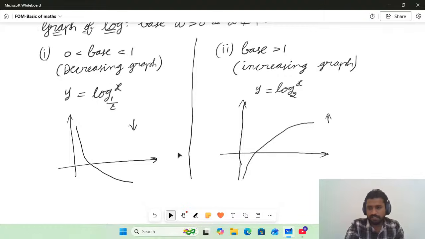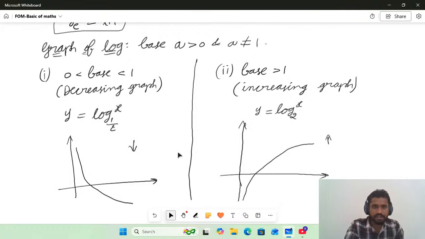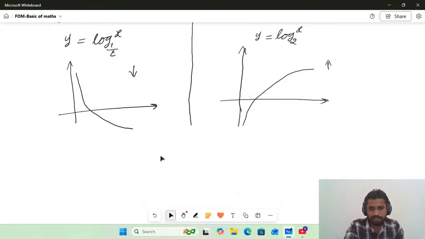If there is time, I'll try to show it in Desmos for you. Hardly it will take 5 minutes. Just remember these two points: base 0 to 1 gives a decreasing graph, and base greater than 1 gives an increasing graph.